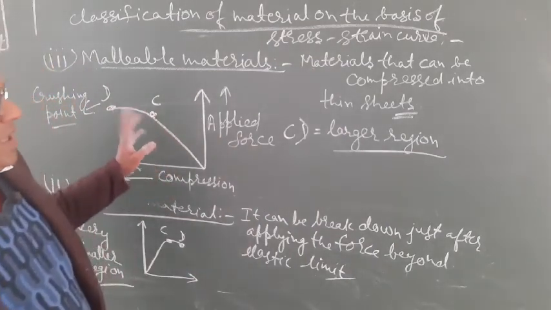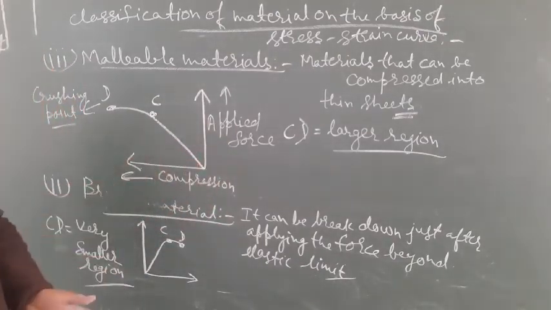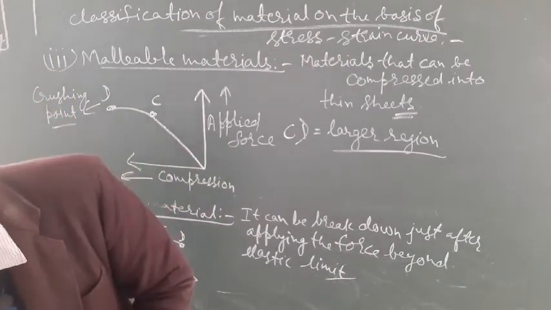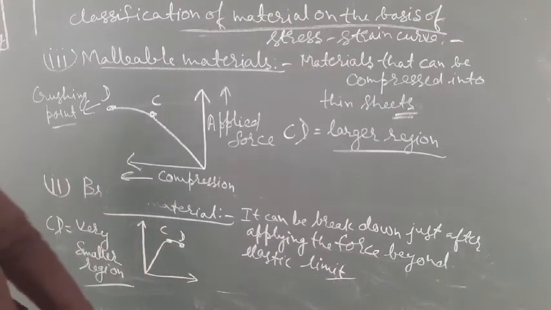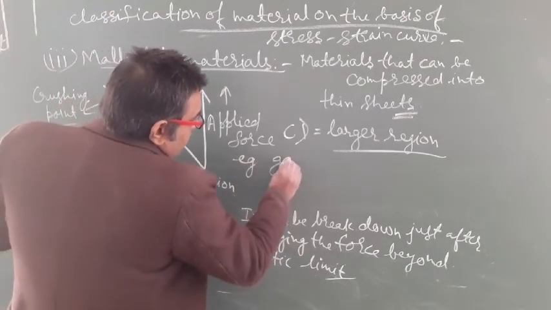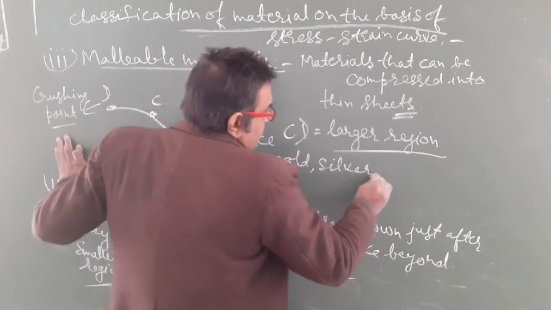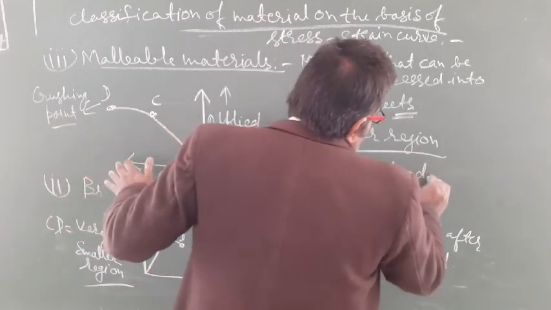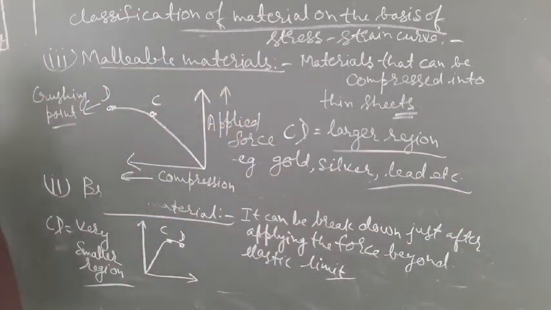This type of material can be compressed into thin sheets, and this is called the crushing point. Examples are gold, silver, lead, etc. These are the examples of malleable materials.